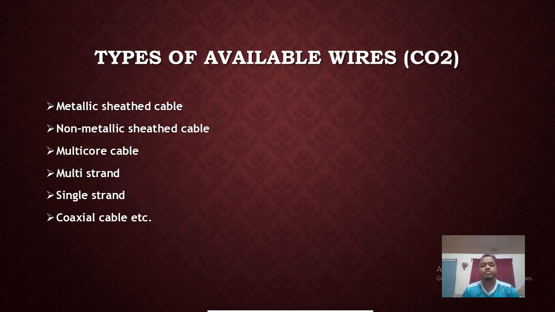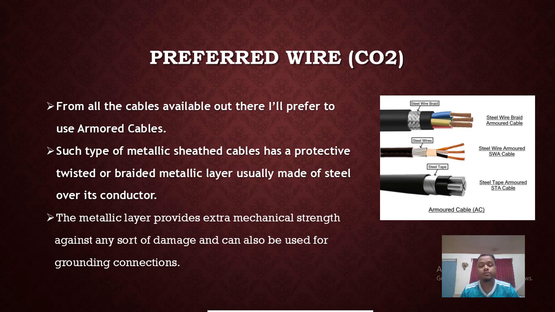Types of wire available in the market. There are many types of wire available in the market, mainly metallic sheathed cable, non-metallic sheathed cable, multi-core cable, multi-strand, single-strand, coaxial cable, and many more. The preferred wire I will choose for my connection: from all the cables available out there, I will prefer to use the armored cable.